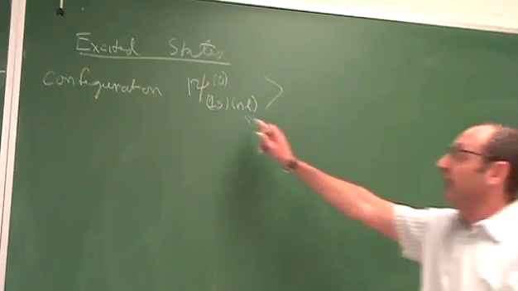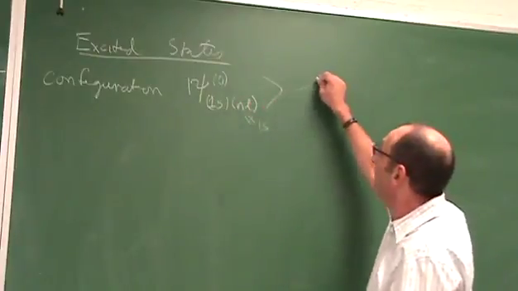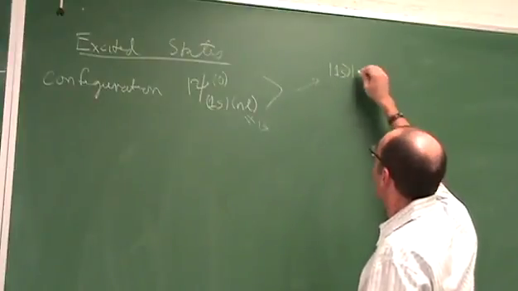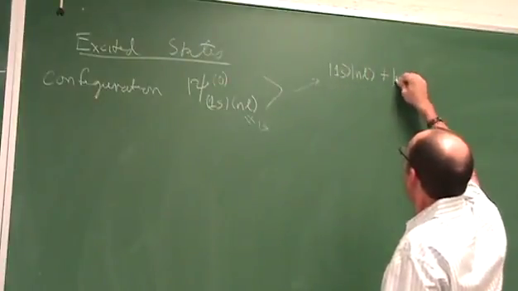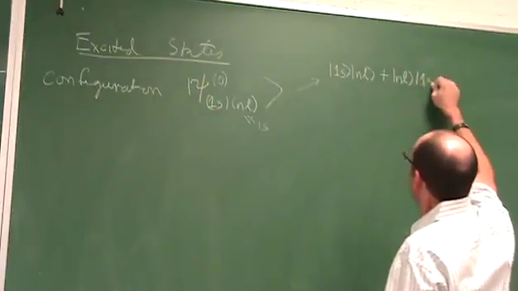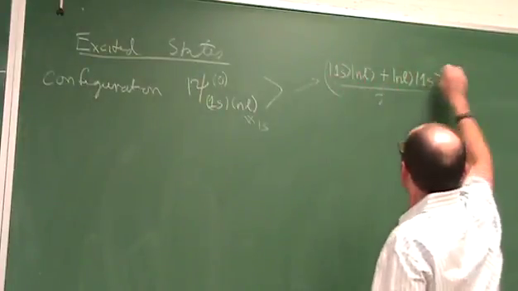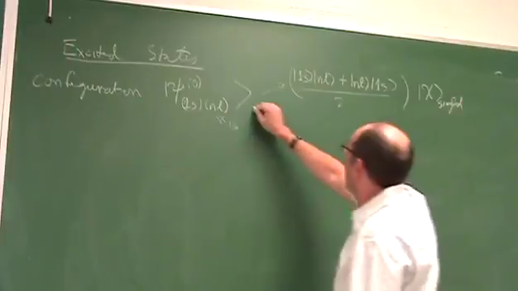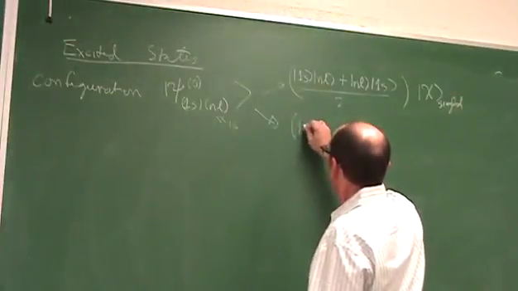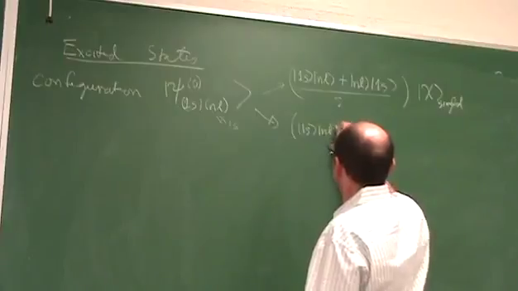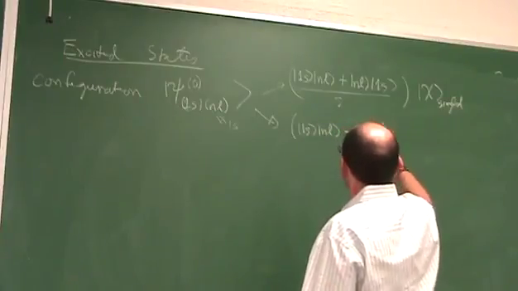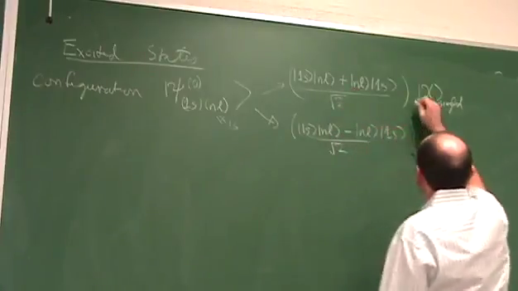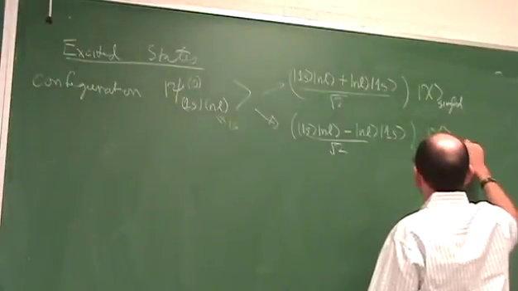If I have a symmetric pairing of the orbitals, then this is with the singlet. And if I have the antisymmetric pairing, then this must be paired with one of the 3 triplet states.